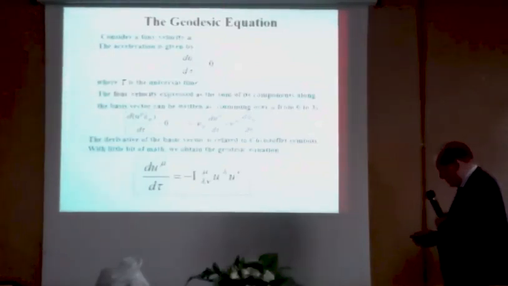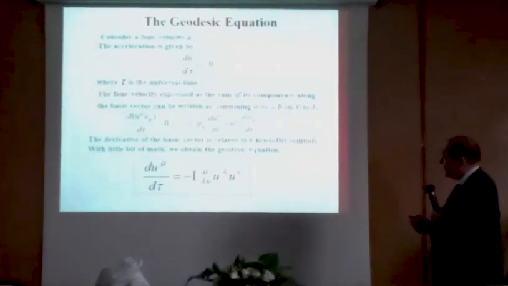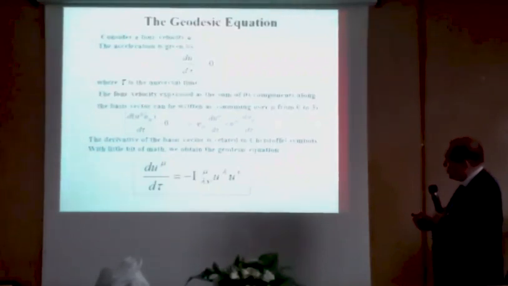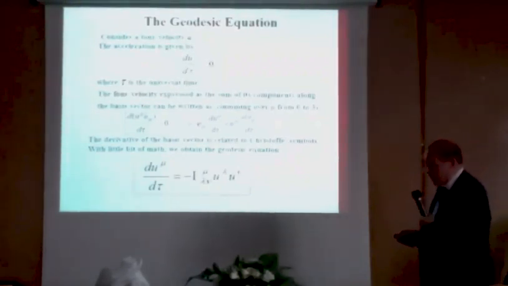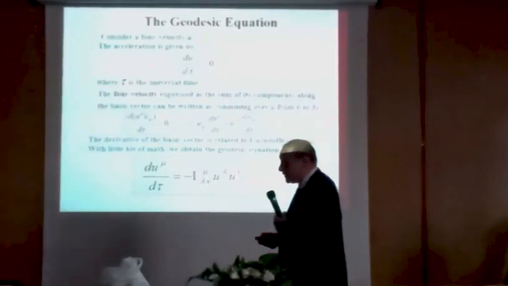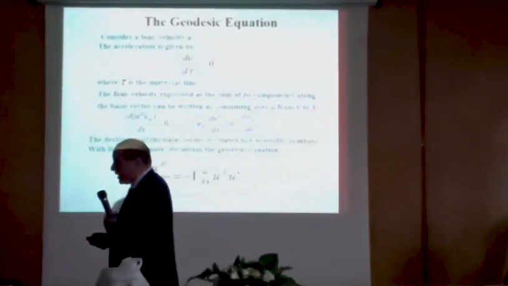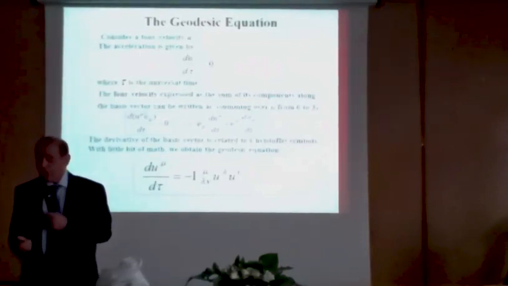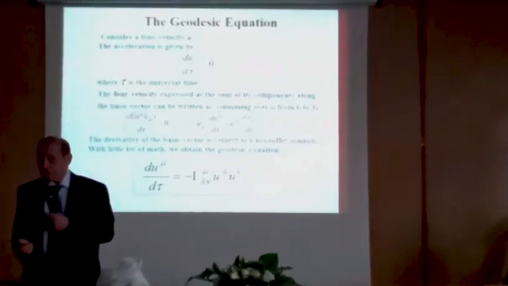Now this is a mathematical representation of this. If I have a four-velocity and the acceleration is given by this quantity, on a geodesic I will have 0. That means if I am moving on a geodesic line, I have no acceleration.